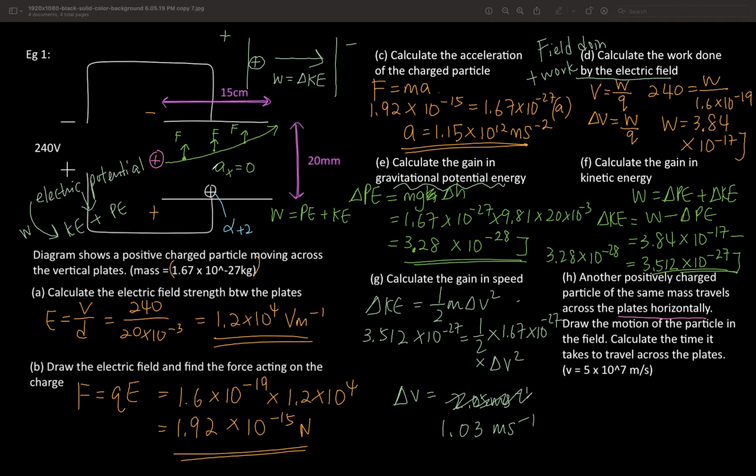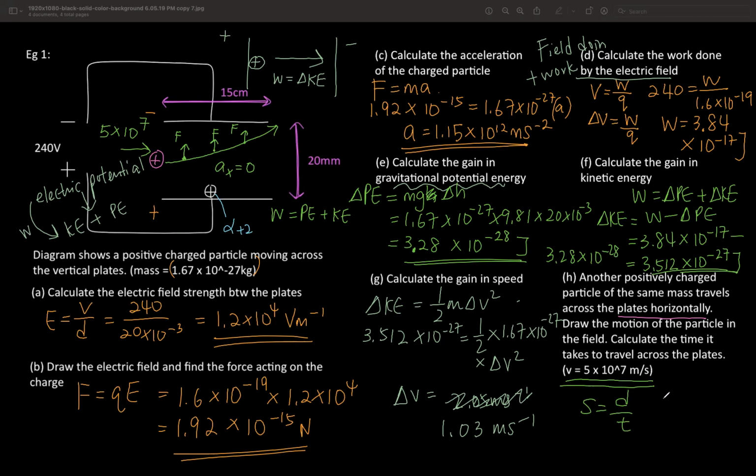So if the horizontal acceleration is 0, then whatever speed it is moving at when entering the field, it will remain traveling at that speed. What is the speed? 5 times 10 power of 7. It will remain moving at 5 times 10 power of 7. So if I want to calculate the time it takes to travel across the plate, speed equals distance over time, because speed is constant in the horizontal direction.